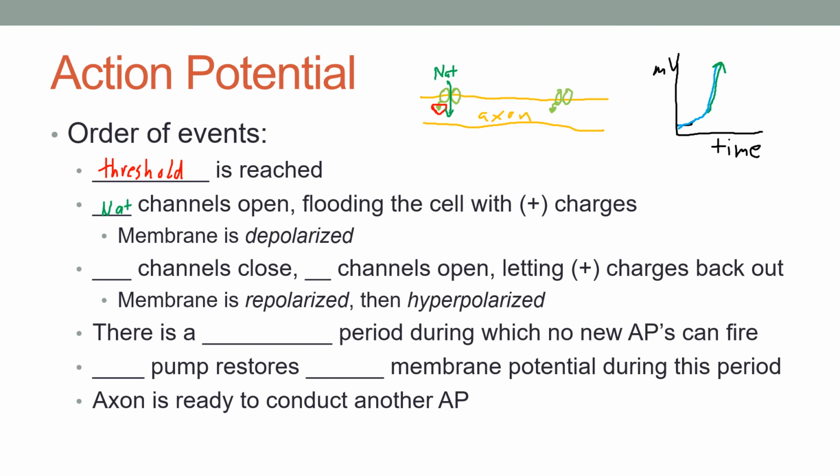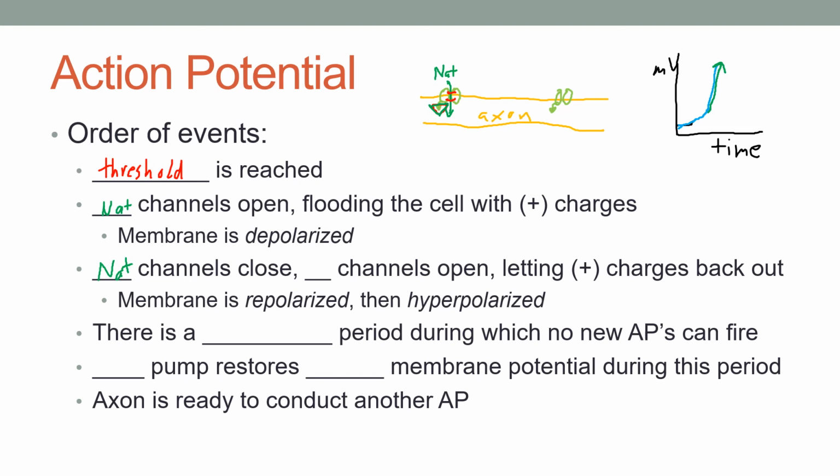And once we hit plus 30, this voltage gated ion channel senses that we've hit our maximum potential, and it locks shut. Okay, so the sodium channels close.